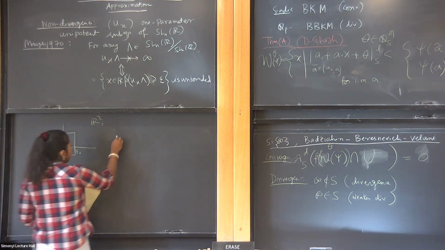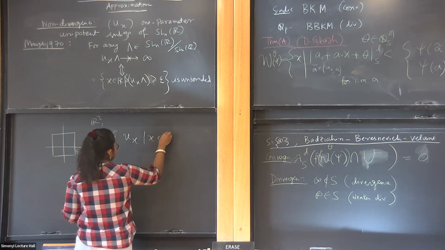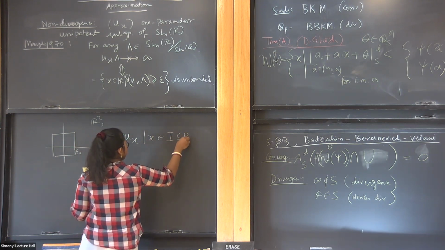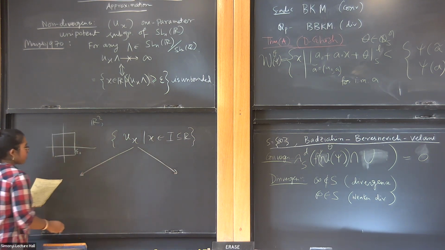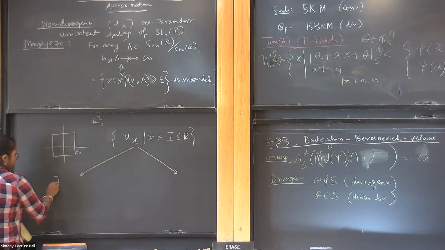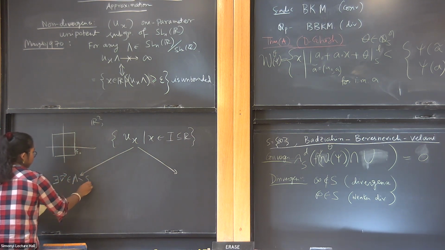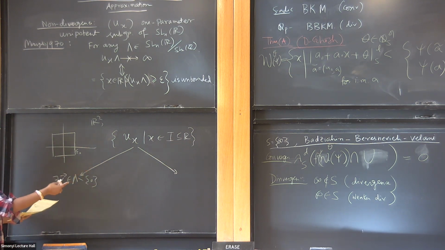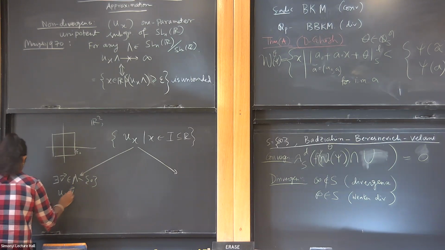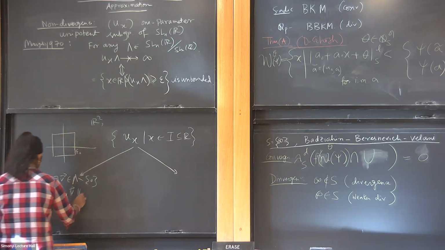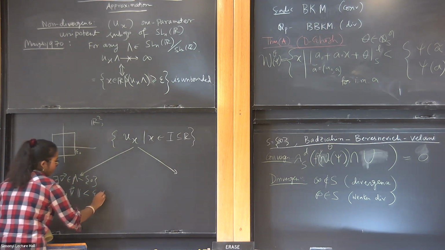Now, if you look at this u_x, where x is inside an interval, then there are two possibilities. One is that there exists one non-zero vector in the lattice such that no matter which x you take, u_x v is less than ε_0 for all x.